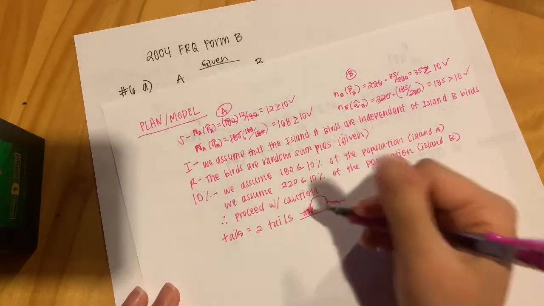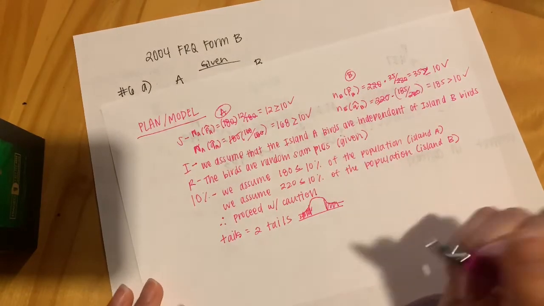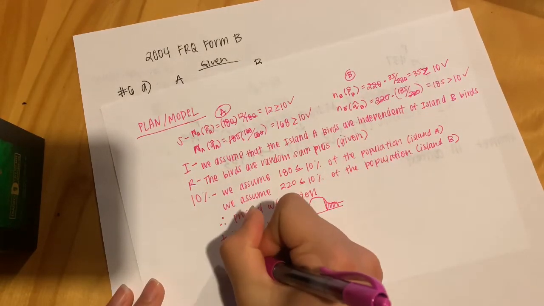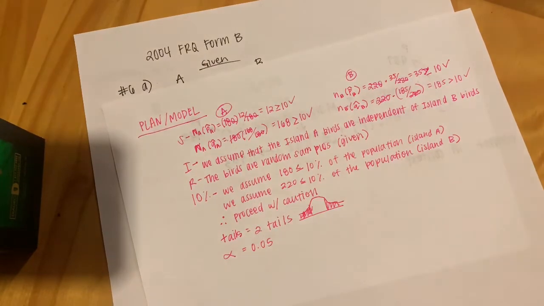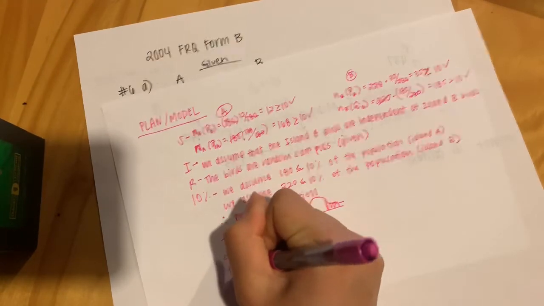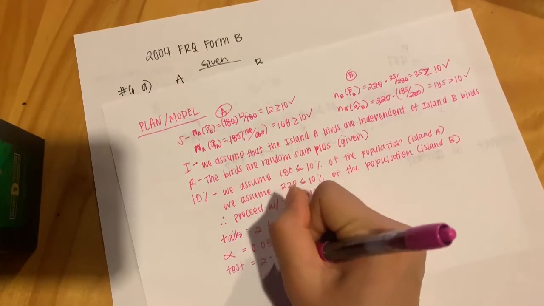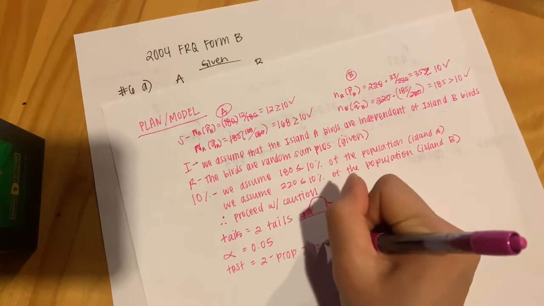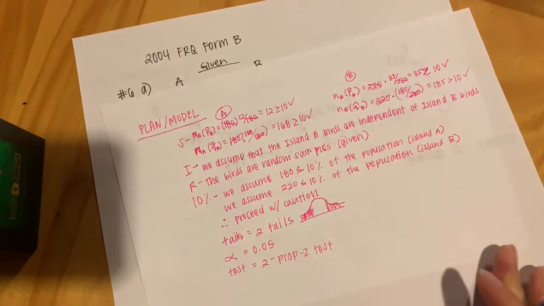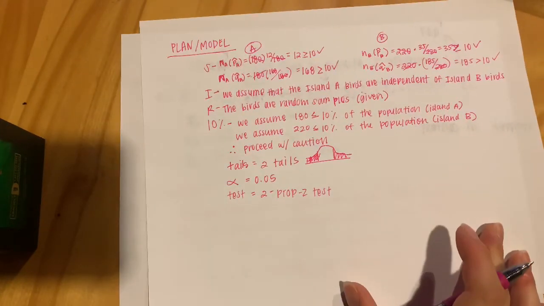Kind of ugly. And then we have our significance level, and we're going to just assume it's 0.05. And then our test, and we're going to be using 2-PropZTest. Okay, so that's it for the plan and model.